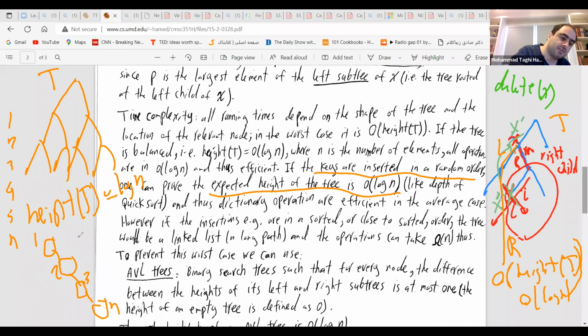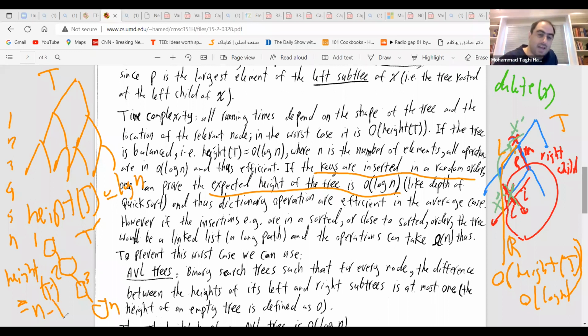In that case, the height of this tree, T prime, is actually n, or n minus 2.